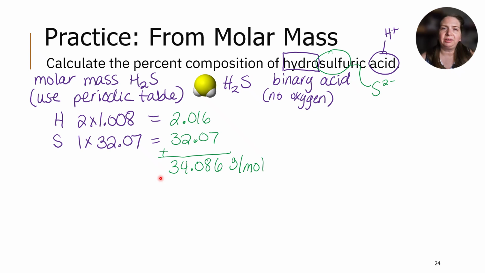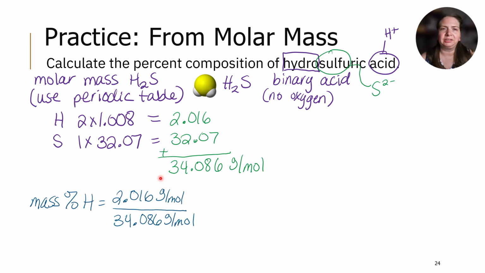Now we can calculate the mass percent of hydrogen in this compound. 2.016 grams per mole hydrogen divided by 34.086 grams per mole for the compound is equal to 5.914%.